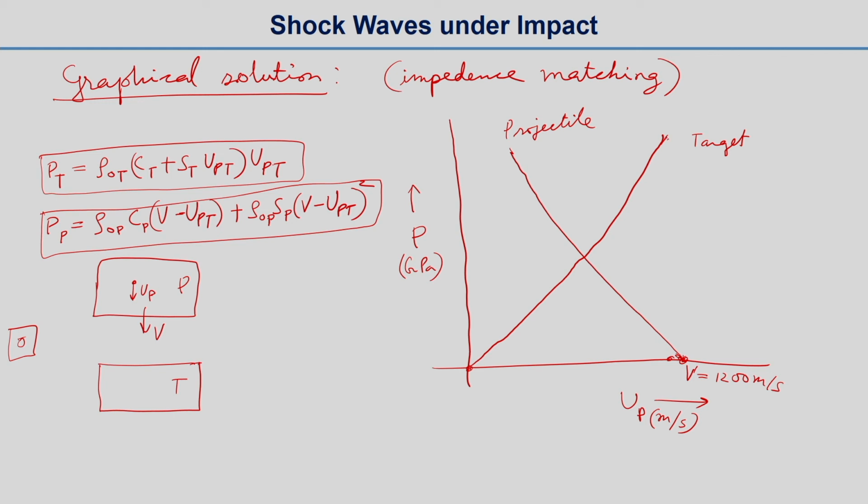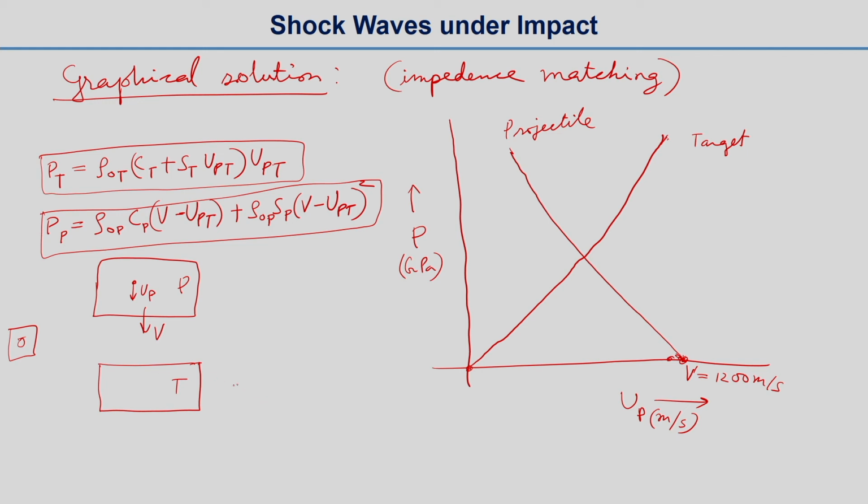So, these two equations we plotted. For the projectile, when UP increases, the pressure will decrease, and for the target, with UP the pressure will increase.